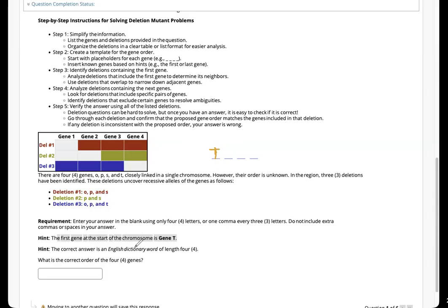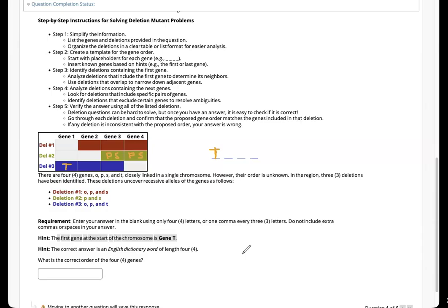Now, how do we determine the other letters? Well, one thing is that we know deletion 2 covers P and S, for example. So we know those 2 are P and S. We do know that this one is gene T because it is told to us.